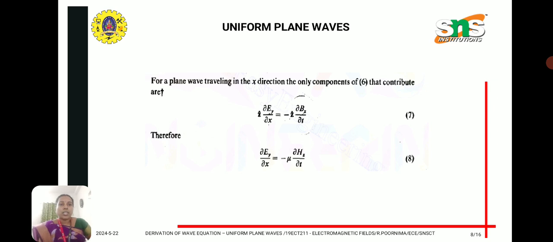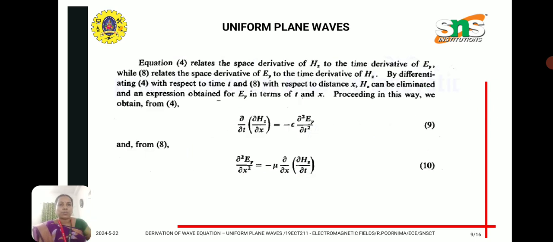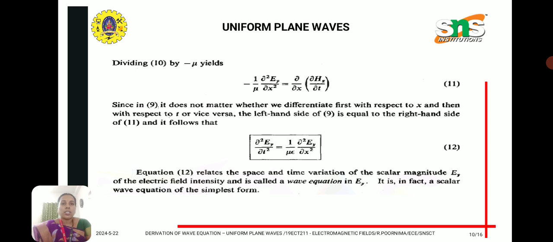From this we derive the wave equation. Relating the space derivative of H to the time derivative of E, we get ∂/∂t of ∂Hz/∂x equal to -ε ∂²Ey/∂t². We divide the previous equation by -μ, where we differentiate with respect to x and then with respect to t or vice versa.